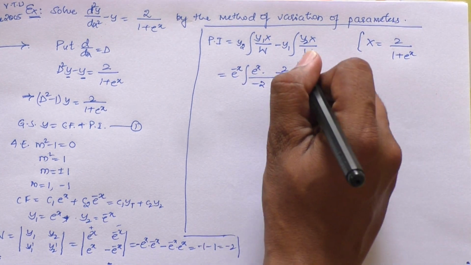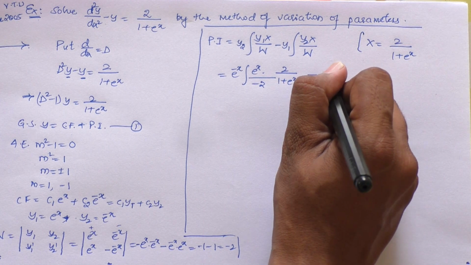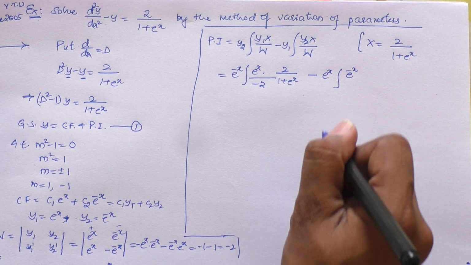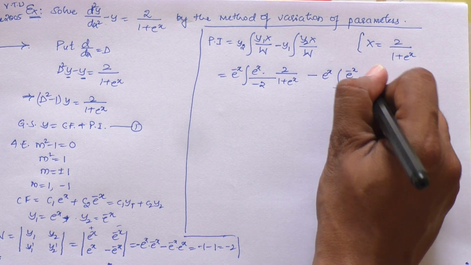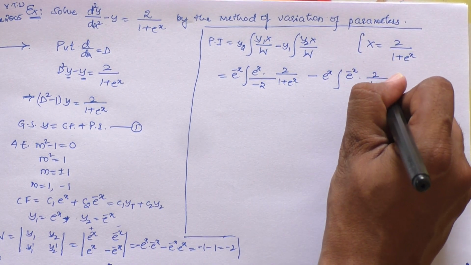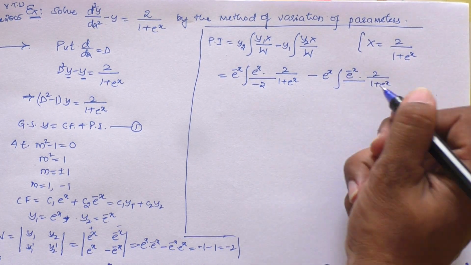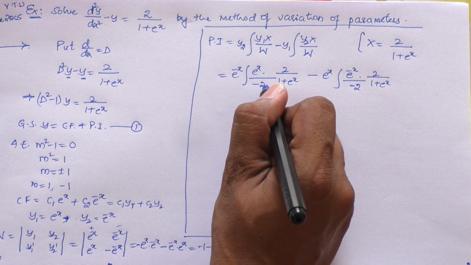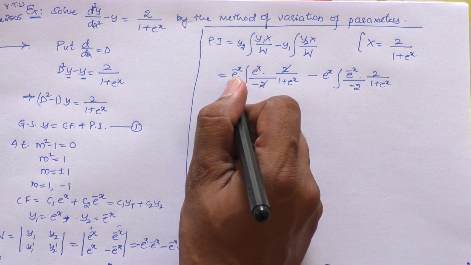Then minus y1, which is e raised to x, integration of y2 e raised to minus x, capital X, 2 by 1 plus e raised to x, whole divided by W, minus 2. If you look at this integral, the 2 and 2 cancel, and the minus sign is taken outside.